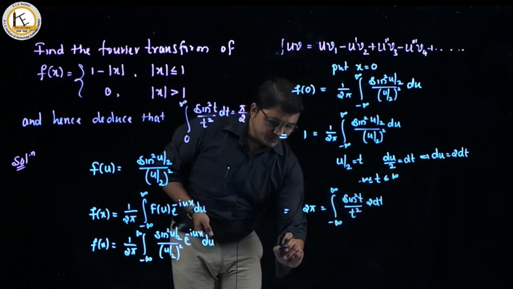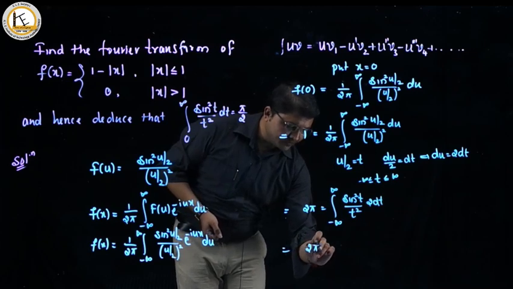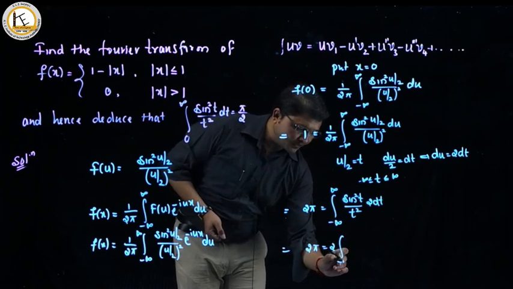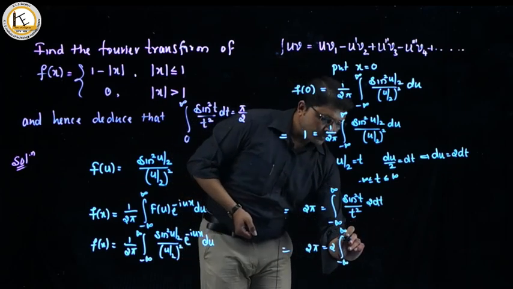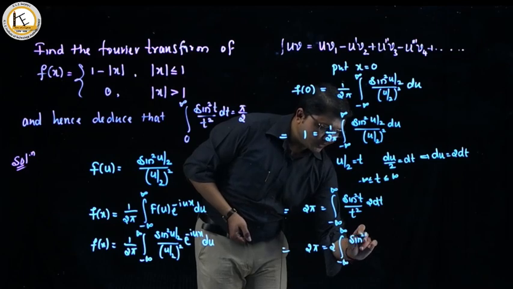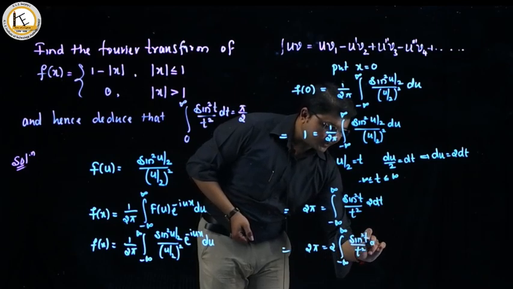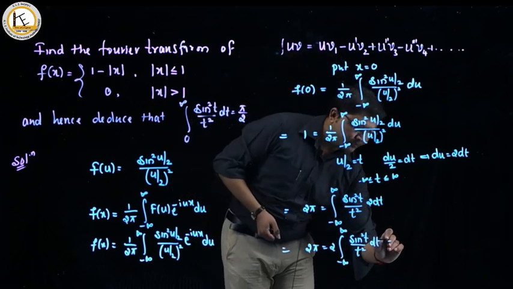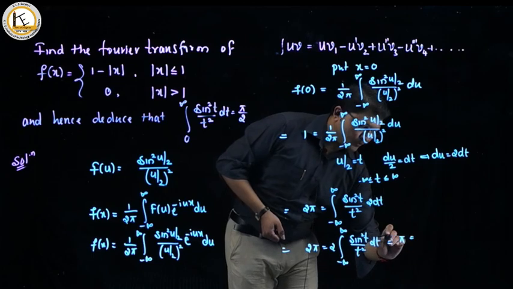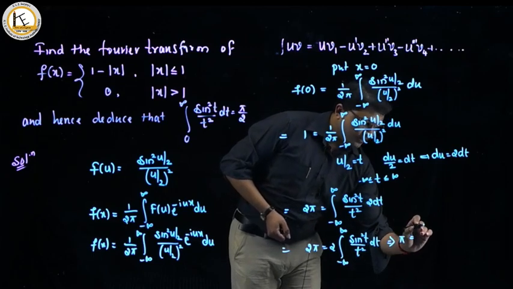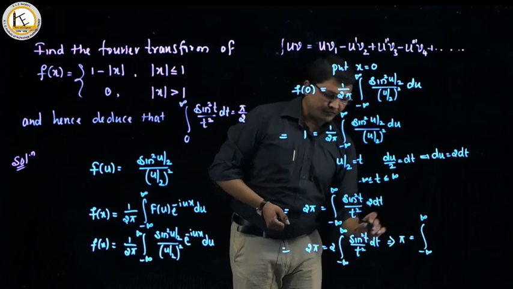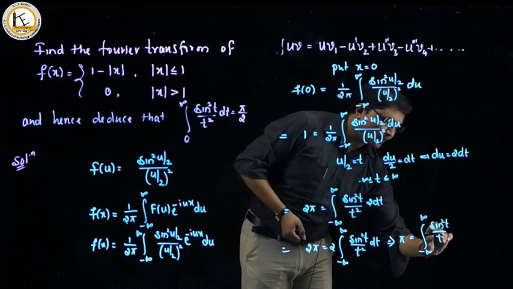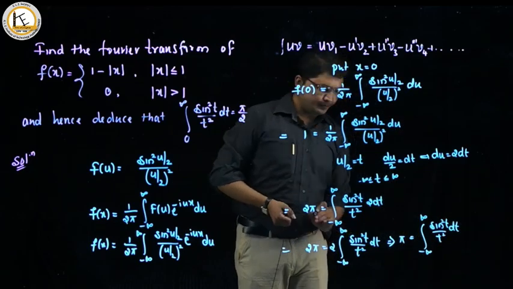So simplifying further, 2 pi equals 2 outside, integral minus infinity to plus infinity sine square t by t square with respect to t. Since the two cancel, we have pi equal to the integral minus infinity to plus infinity sine square t by t square with respect to t.